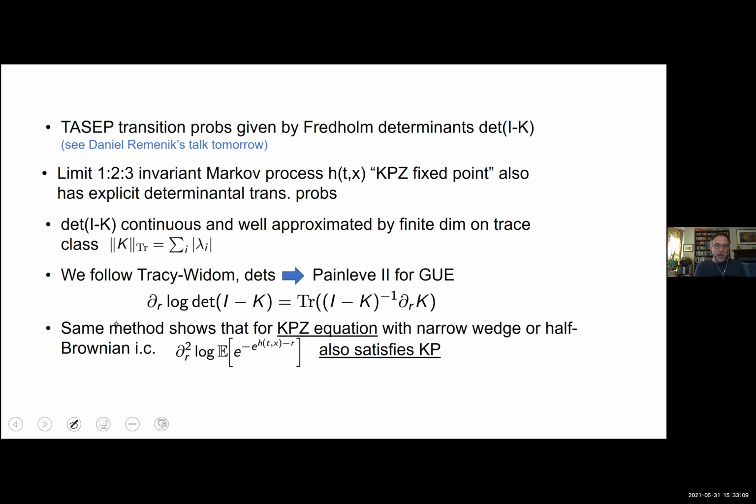So you differentiate the log of the determinant and you get a trace. And now you differentiate that trace in all the other variables, and you get big strings of traces of operators, and show that they satisfy some partial differential equation. So that's the route to get the results.